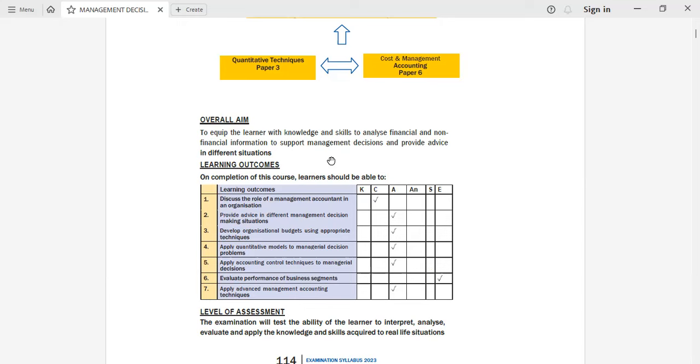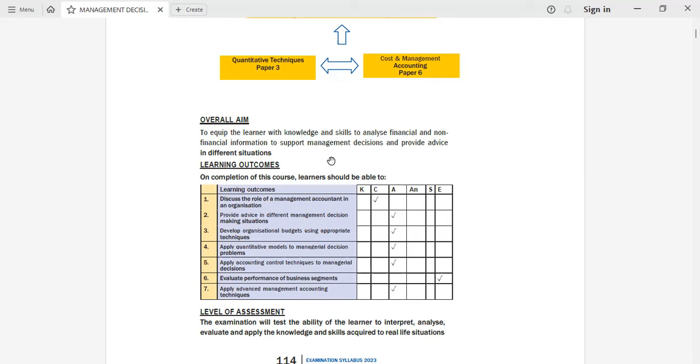Because at the end of the day, we look at what is happening, and we base on what other standards are guiding us, and also we make decisions based on some of the accounting controls that we have in place. So if we are going to be applying accounting control techniques to managerial decisions, it means we are also going to need the knowledge of accounting.